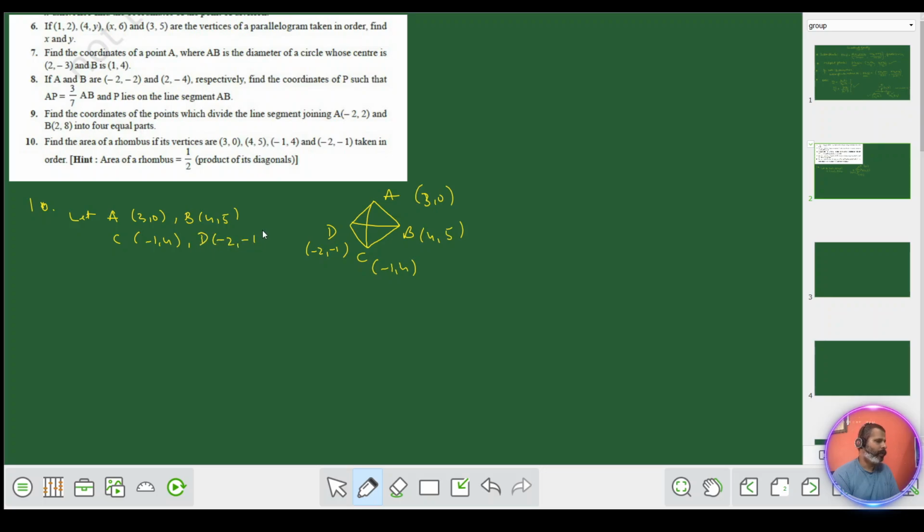Now we need to find the diagonals AC and BD. Okay, AC is equal to, because half the product of diagonals is the area of the rhombus.